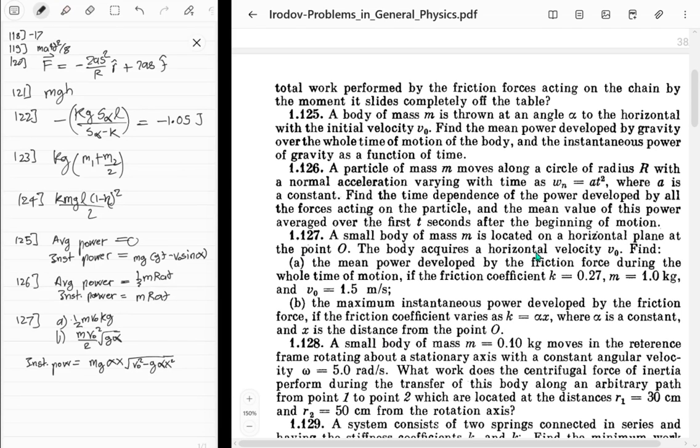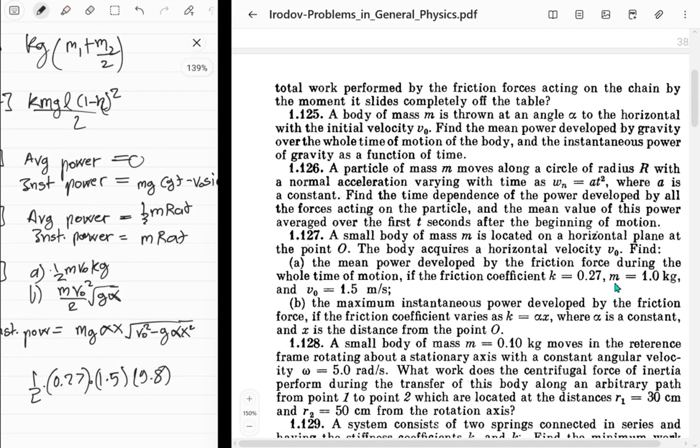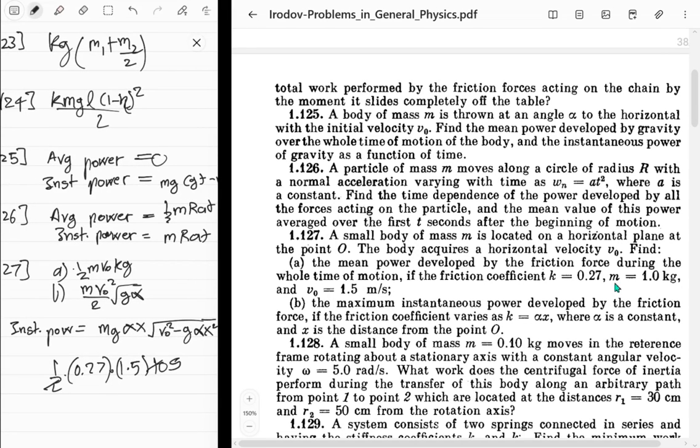Now let's do it. Mass is 1, k is 0.27, so half, 1, 0.27. Velocity is 1.5. That times gravity, I think it's going to be 9.8. Let's try to do it. Actually, just take it as 10, 5, cool.